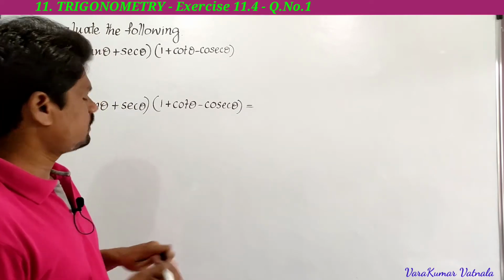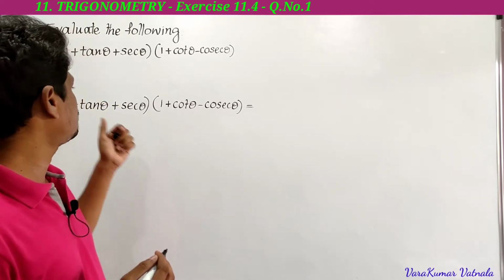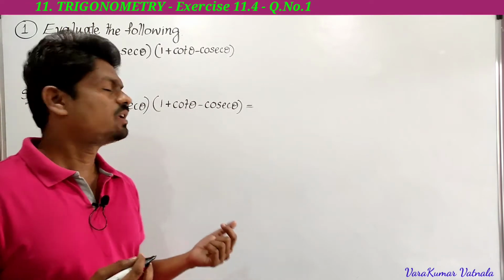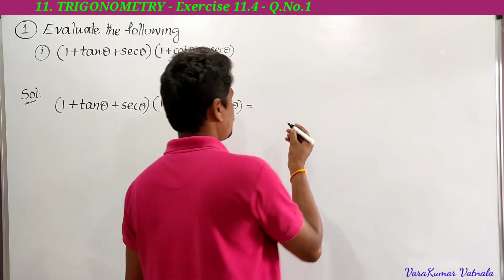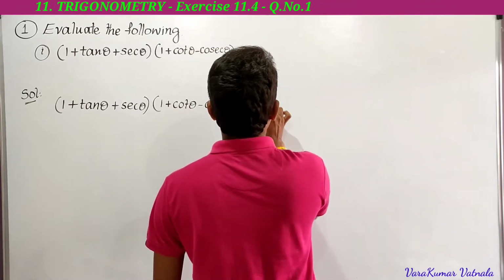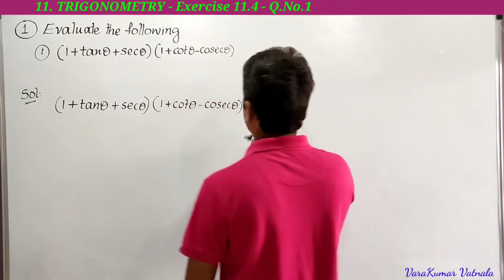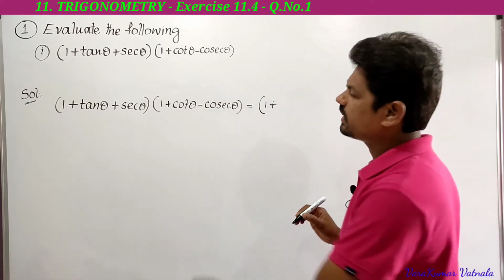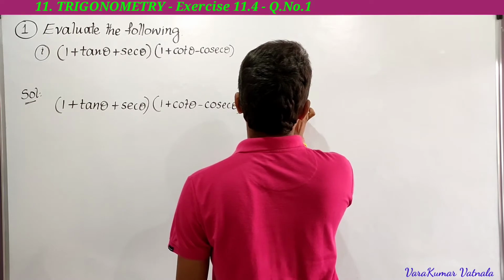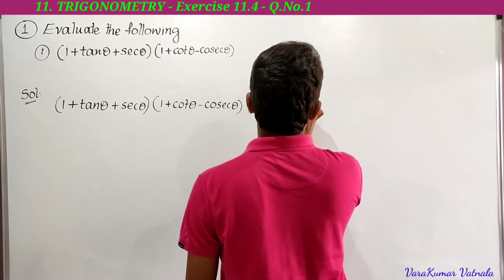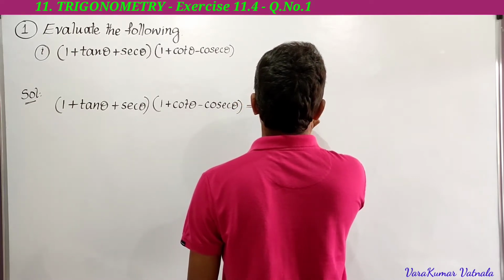So here, first we have to convert tan into sin and cos, and sec into cos. See how I am writing it. We know tan theta is equal to sin theta by cos theta, so I am writing tan theta as sin theta by cos theta.